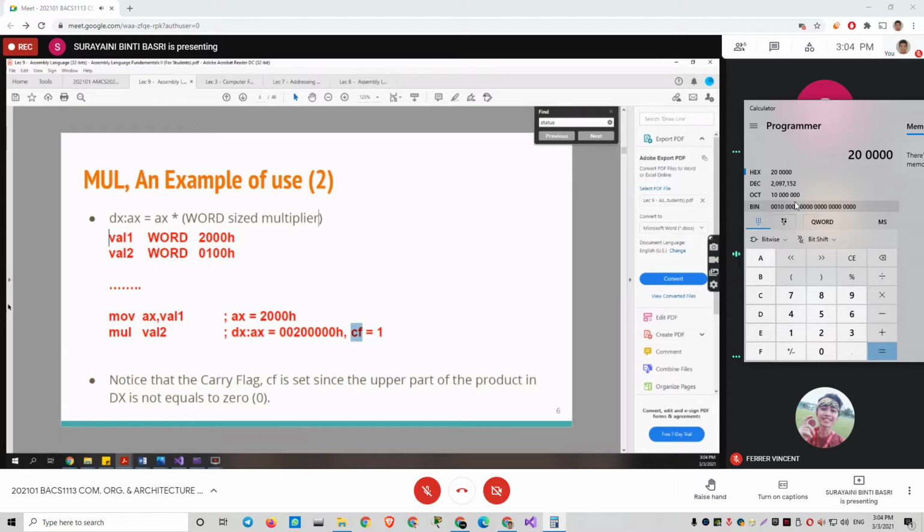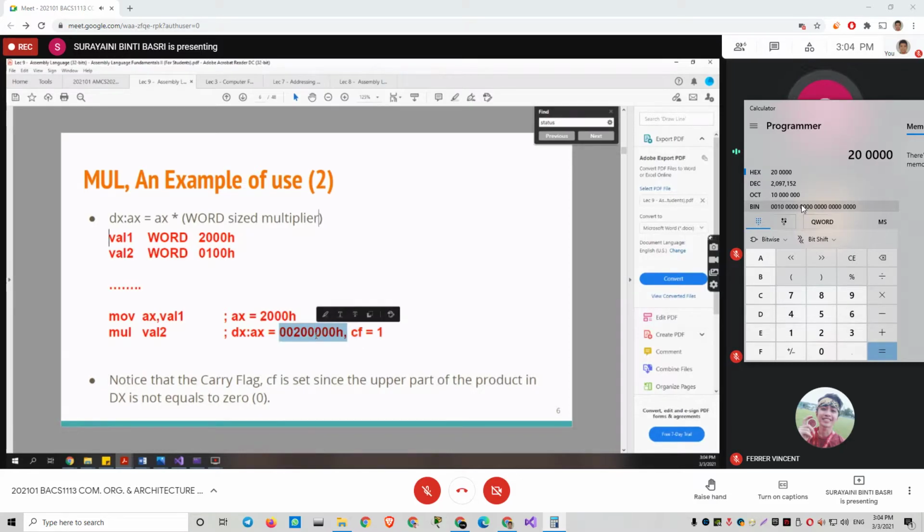And what is the use of the carry flag? It is actually to help store any excessive number when your register cannot hold it all.